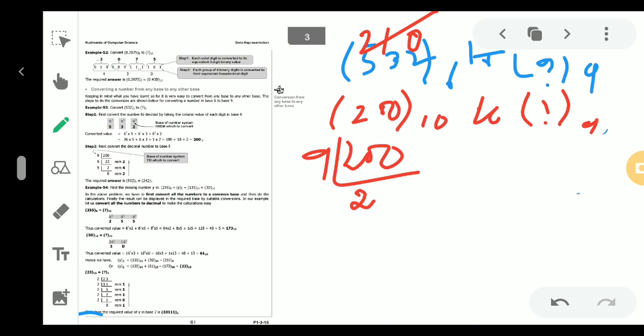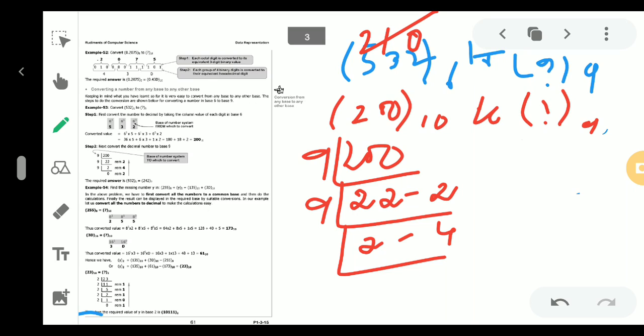Again 9 twos are 18, 22 minus 18, the remainder is 4. Again I am dividing by 9. 2 cannot be divided by 9, so it becomes 0 with remainder 2.